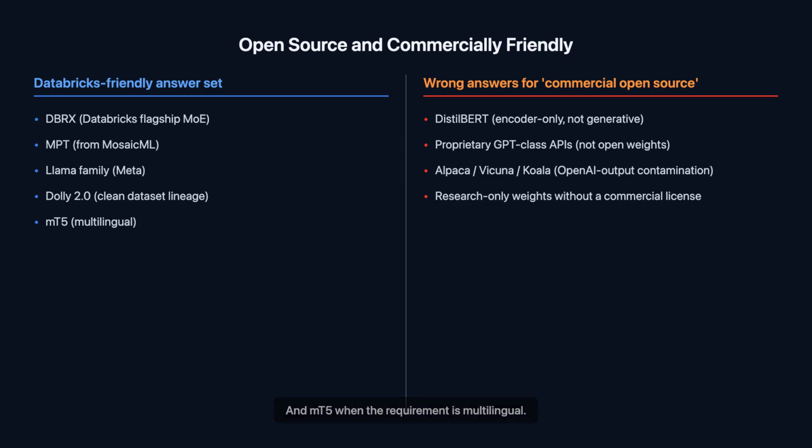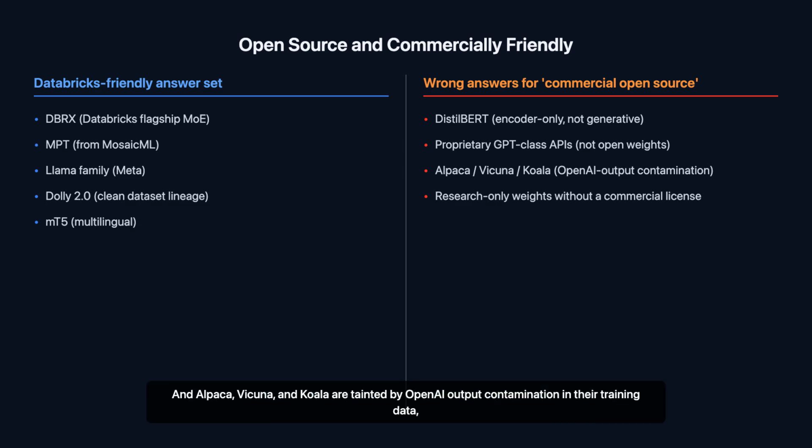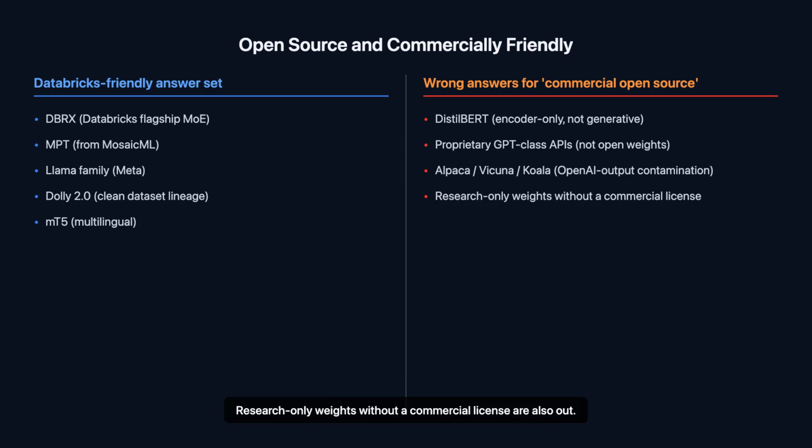On the wrong side, DistilBERT is open source but encoder only, so it loses on the generative requirement, not the license. Proprietary GPT class APIs are not open weights, and Alpaca, Vicuna, and Koala are tainted by OpenAI output contamination in their training data, which blocks commercial use. Research-only weights without a commercial license are also out.